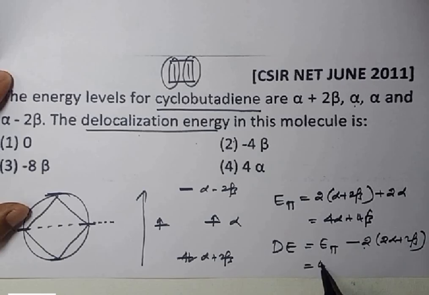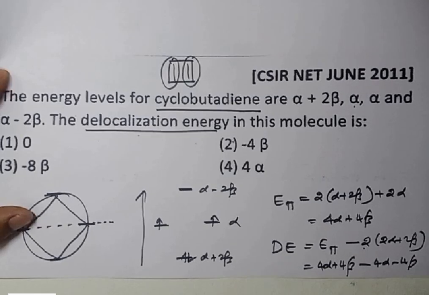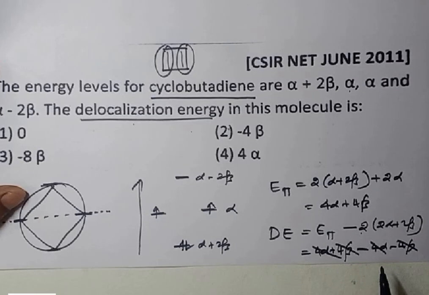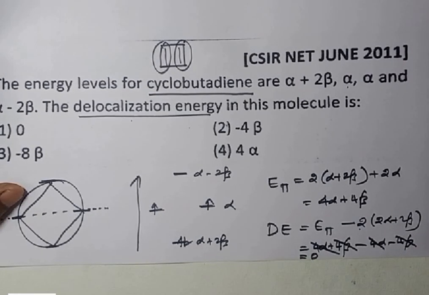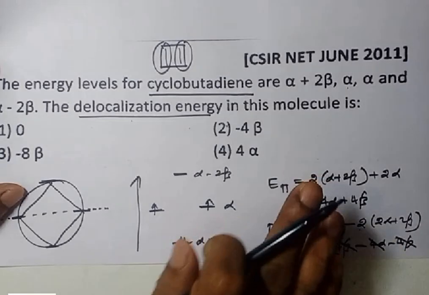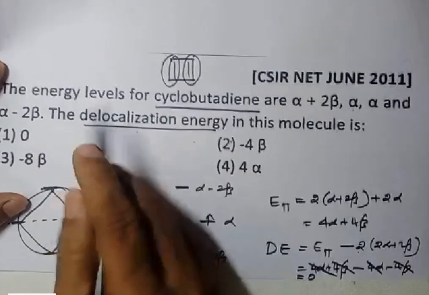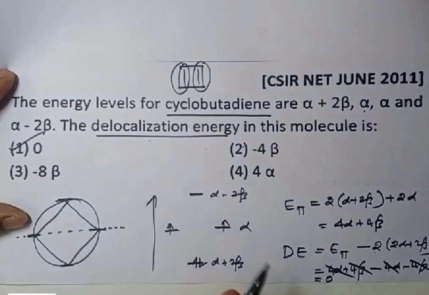This is 4 alpha plus 4 beta. If you multiply this by minus, I get minus 4 alpha and minus 4 beta. Plus 4 alpha minus 4 alpha cancel, plus 4 beta minus 4 beta cancel. So I am getting the answer as 0. The delocalization energy of cyclobutadiene is 0. So the correct option is A. Okay, take it.